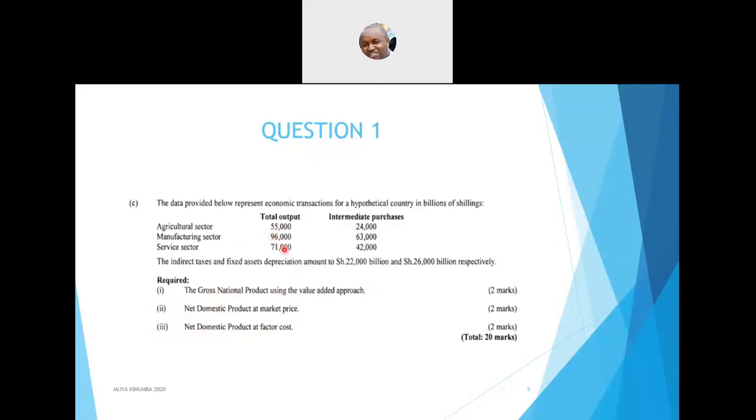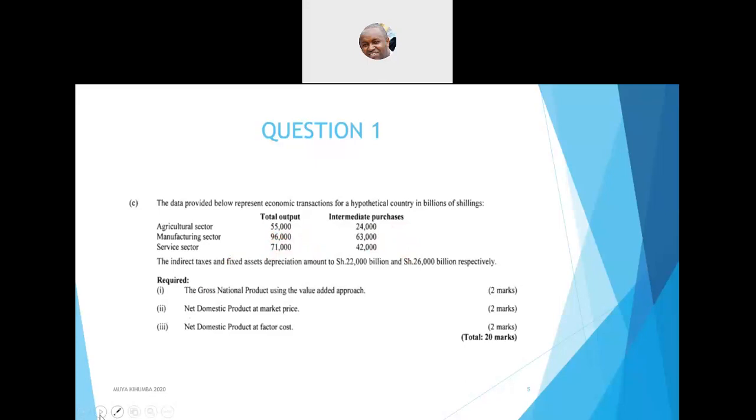I'm sure you're calculating it, where we have total output in the agricultural sector being 55, intermediate purchase being 24. So what would be the value added? We do the same for manufacturing, and we do the same for services. And then you add up those values.